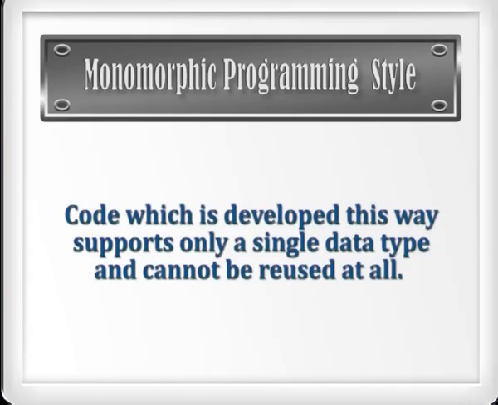In the field of scientific computing, only one and two dimensional data structures were initially used to develop applications due to limitations of computer resources. The imperative programming paradigm was sufficient for this type of task. Code which is developed this way supports only a single data type and cannot be reused at all.